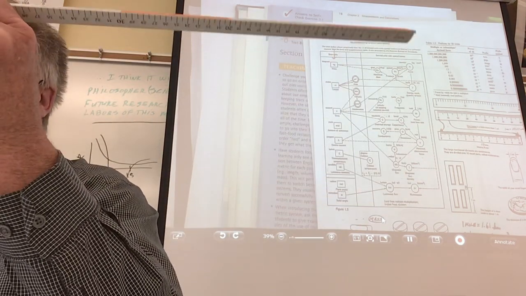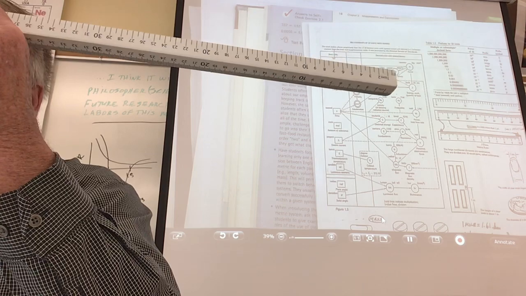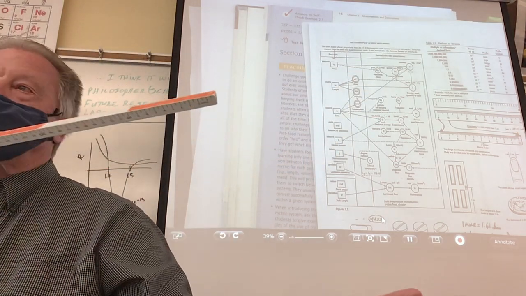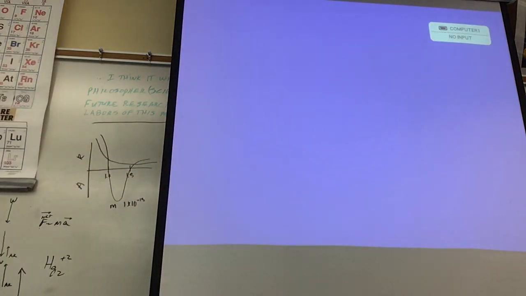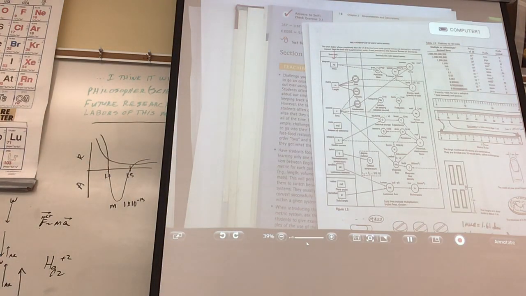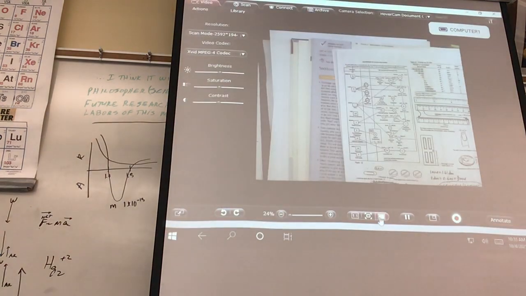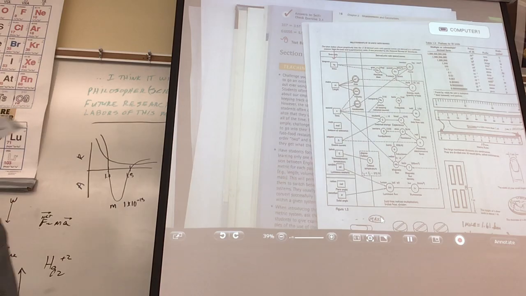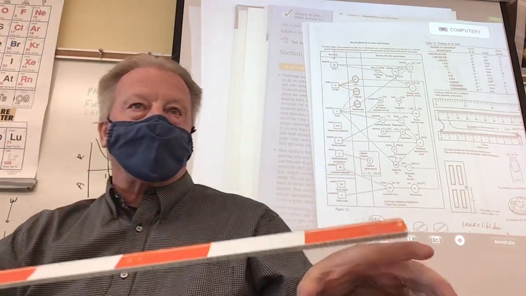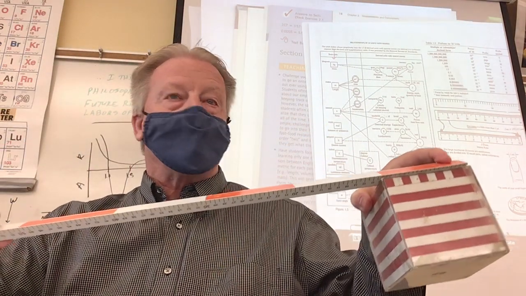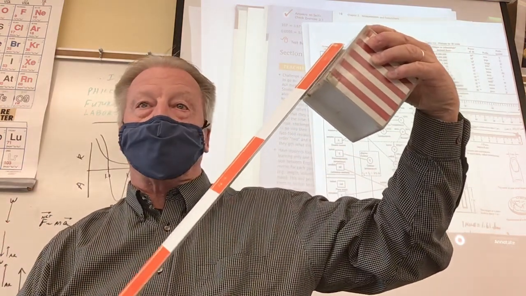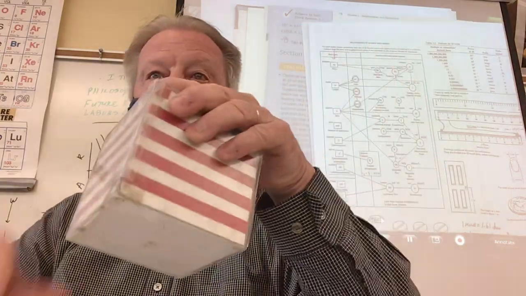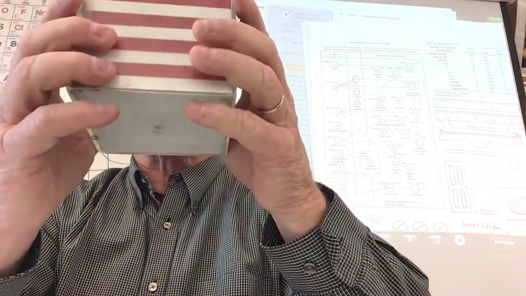Now, for example, see this meter stick? If I take 1/10 of a meter, that's what I did. Hang on. I bet it's frozen. Okay, so if I take 1/10 of a meter and I build a side of a cube here, 1/10 of a meter long, 1/10 of a meter wide, 1/10 of a meter high, I have myself a box called a cubic decimeter.